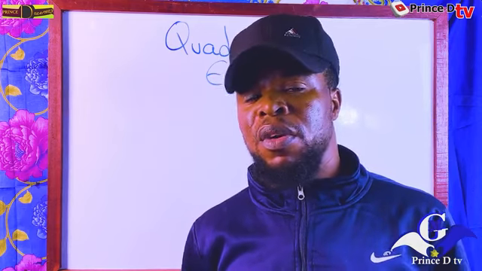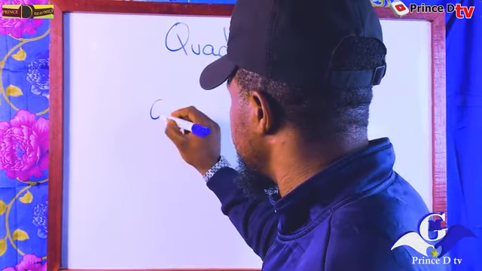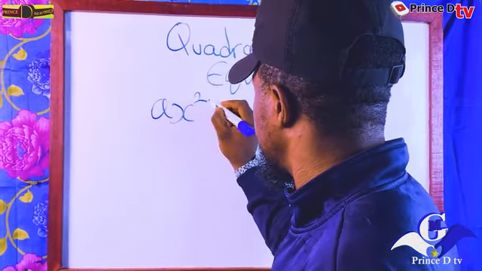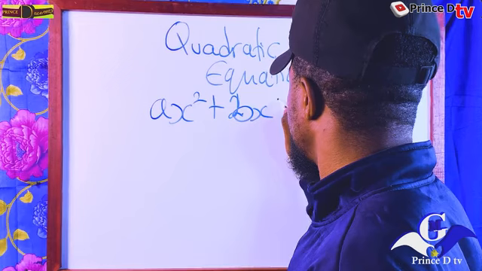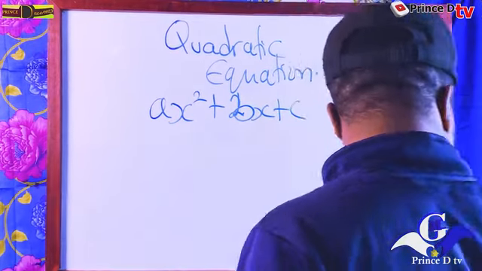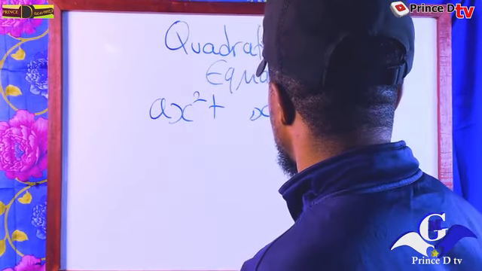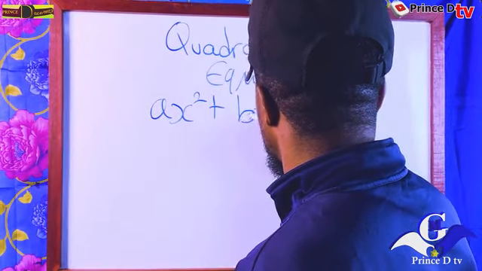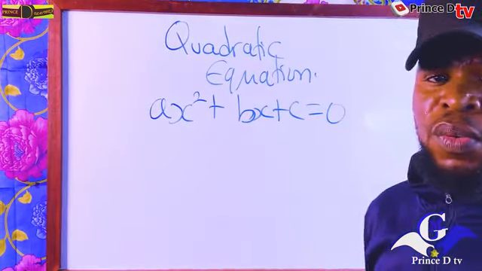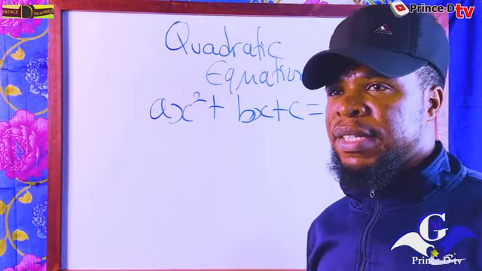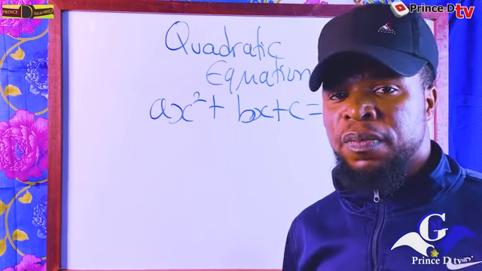So when we talk of a degree of 2, it is in this form: ax squared plus bx plus c equals 0. So a quadratic equation is an equation of highest degree 2.